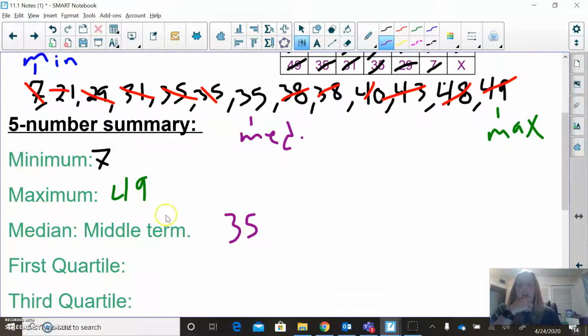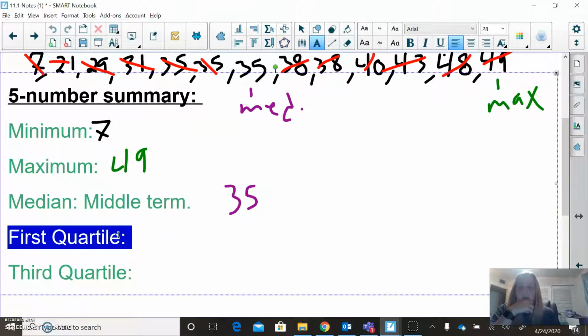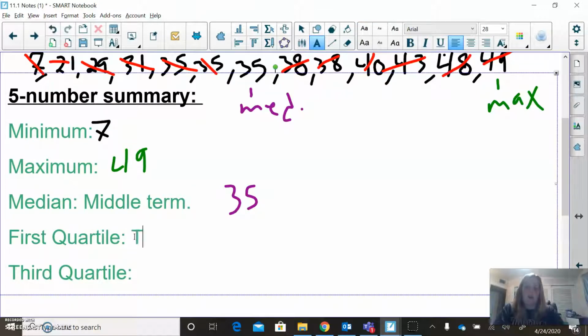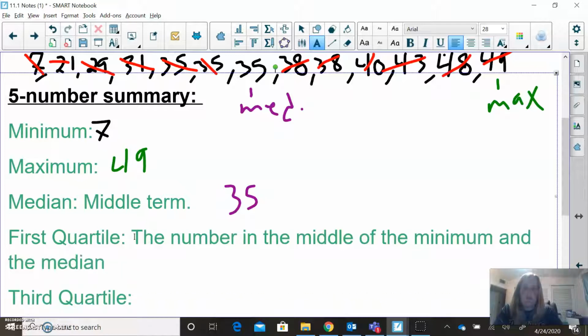Then we need to look at our first quartile. The first quartile is the number in the middle of the minimum and the median.